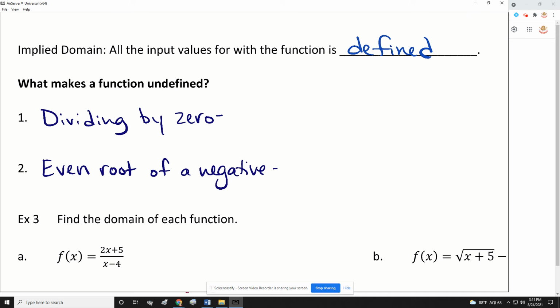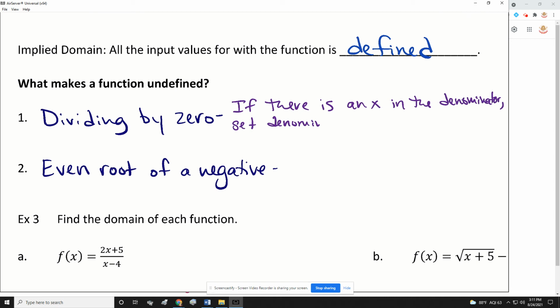So if there is an x in the denominator, set the denominator not equal to 0 and solve. Okay, so we'll go ahead and do that example, and then we'll come back to the second situation.